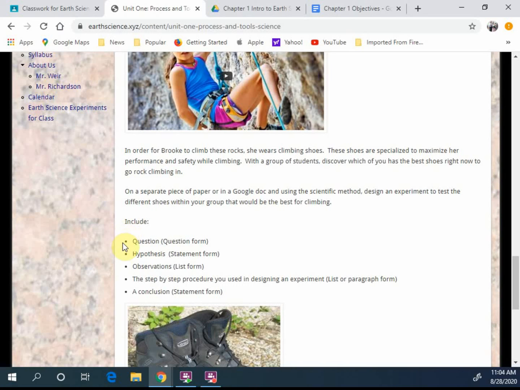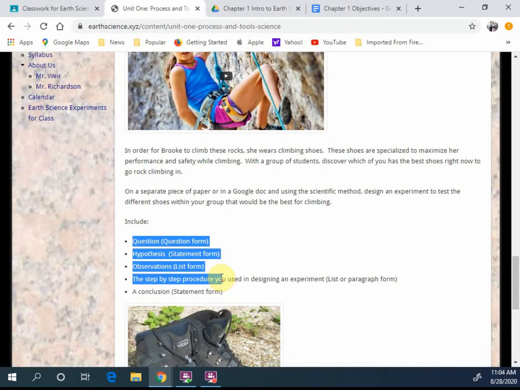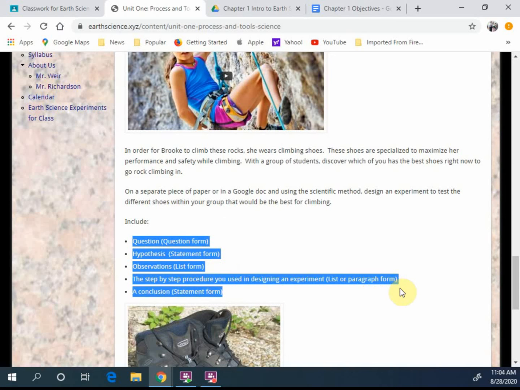In the process, you are going to write a question, a hypothesis, your observations through your experiments, the steps that you were able to take, the control you used, with a conclusion at the end in each of your groups.